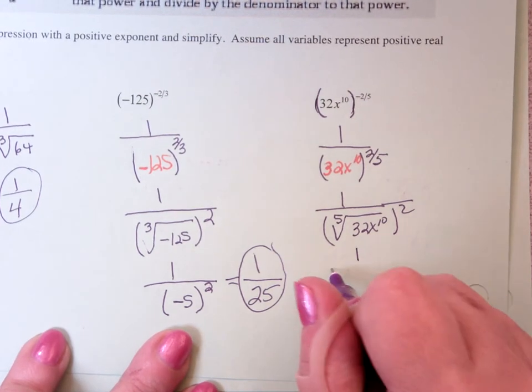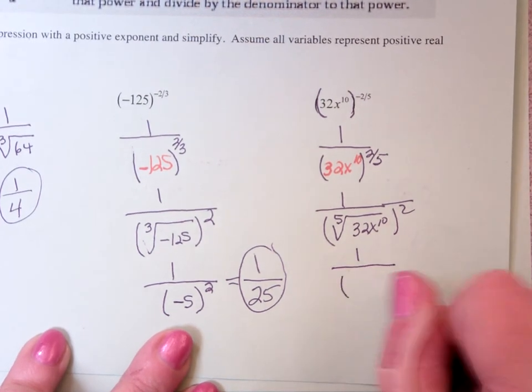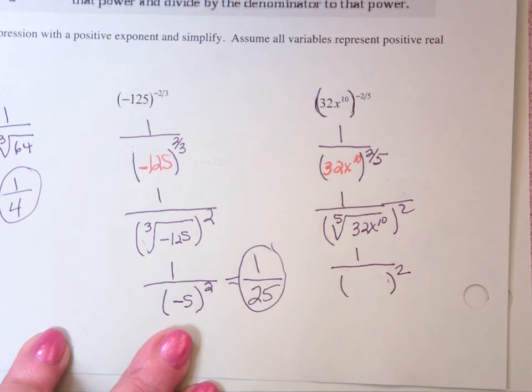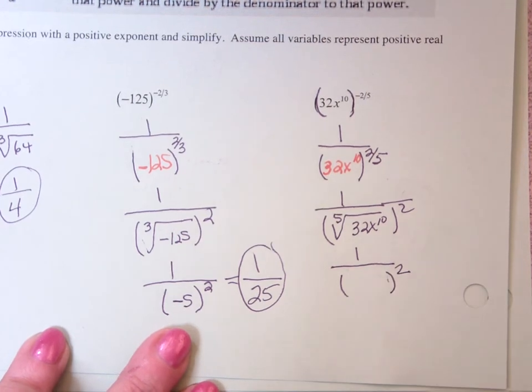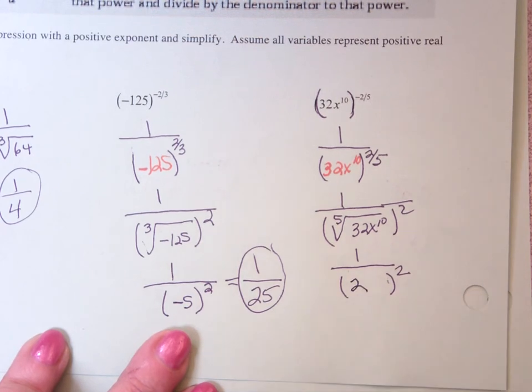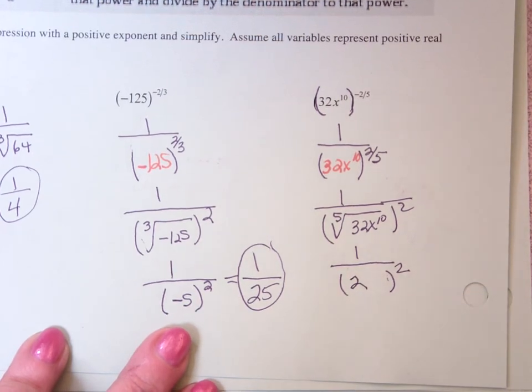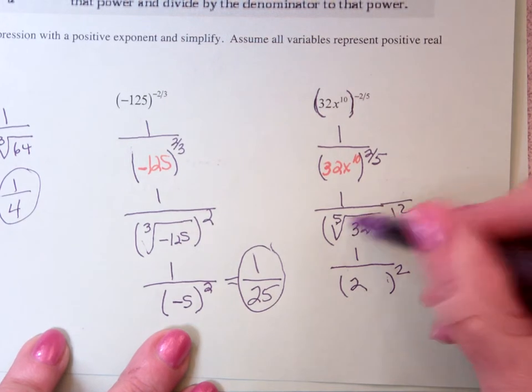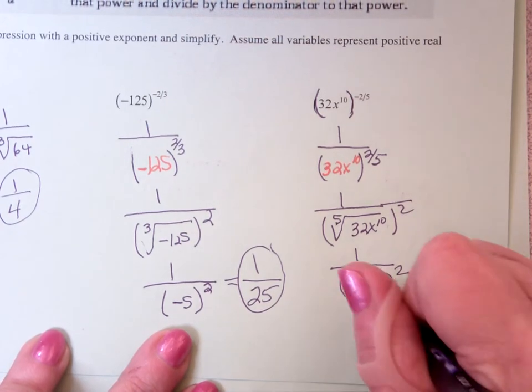So it's 1 over, remember this whole thing is going to be squared. The 5th root of 32 is 2, and the 5th root of x to the 10th is x squared. You remember 5 divides 10 twice.